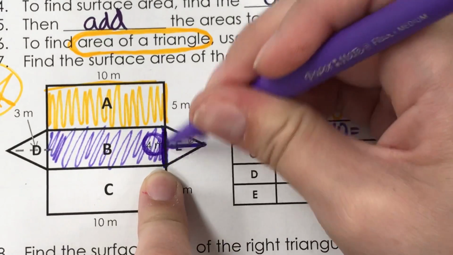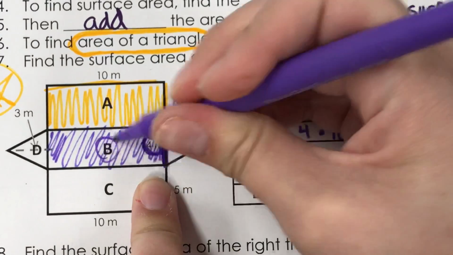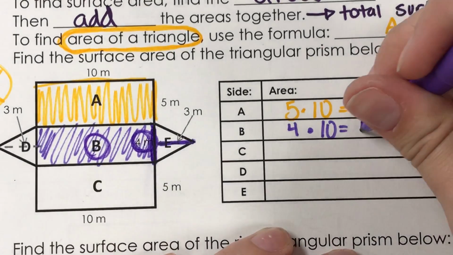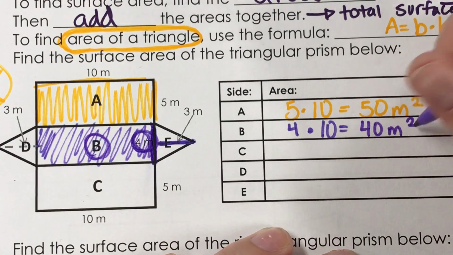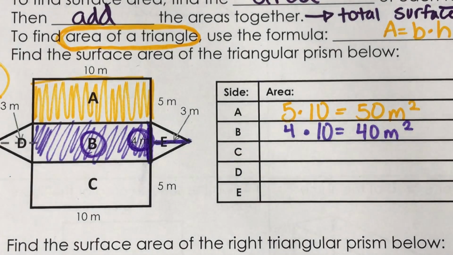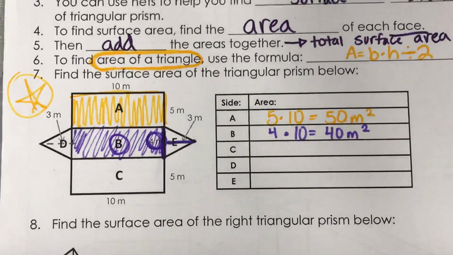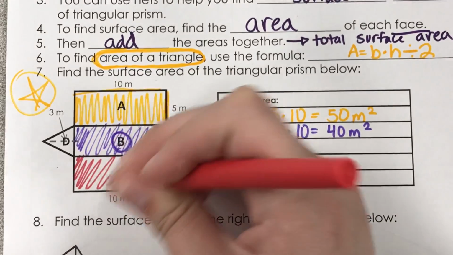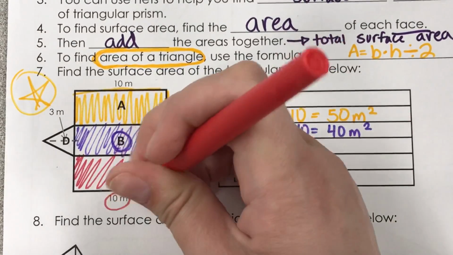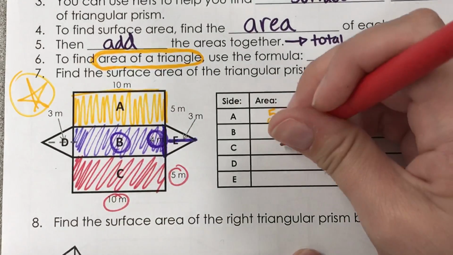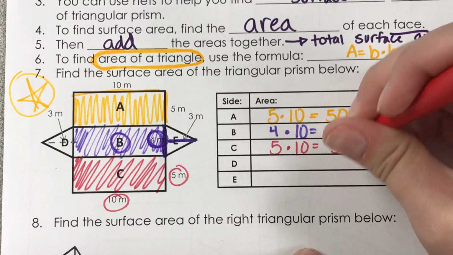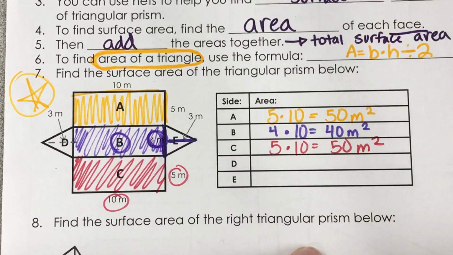The 4 is the base or the side of this face. 4 times 10 is 40, and that's meters squared because I'm talking about area. Now I'm going on to face C. And right here I know it's 10 times 5. And that's 50 meters squared.